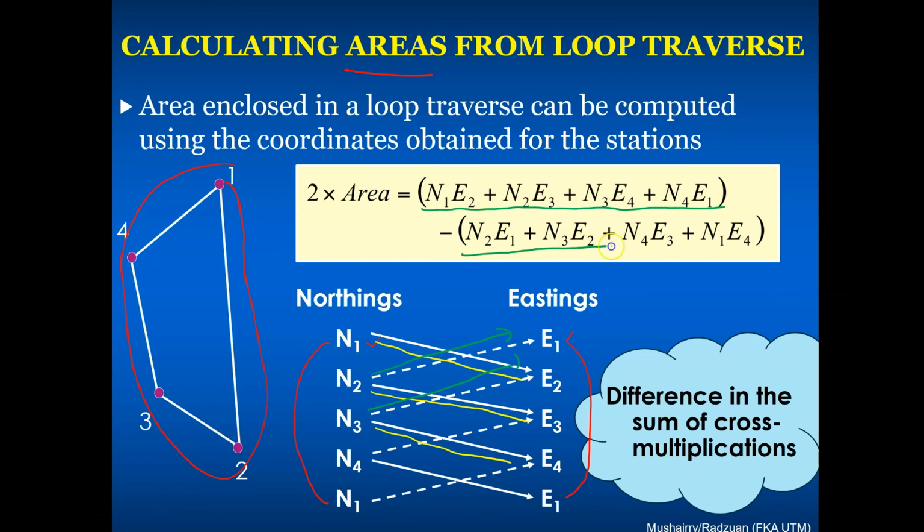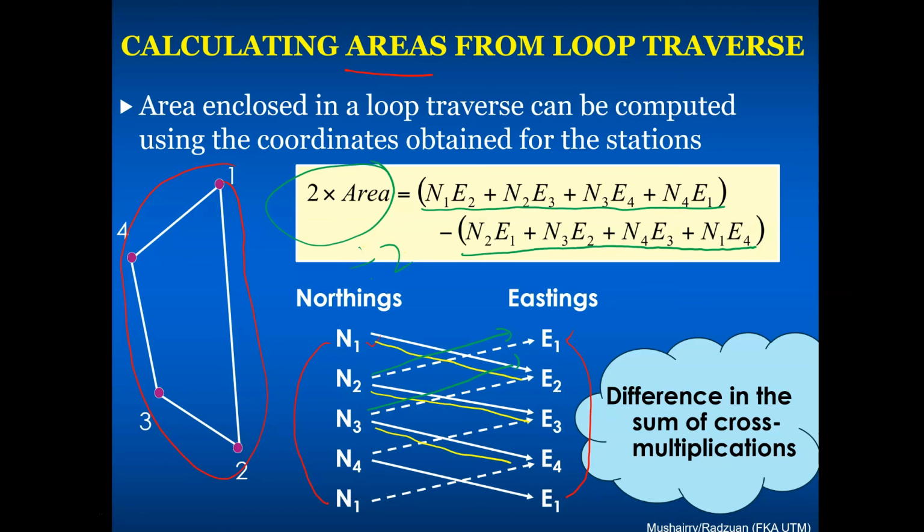So that's that there. So you take the difference between those two sums of the cross multiplication, and it will give you twice the area. So to get the area, you divide by 2. Quite straightforward.